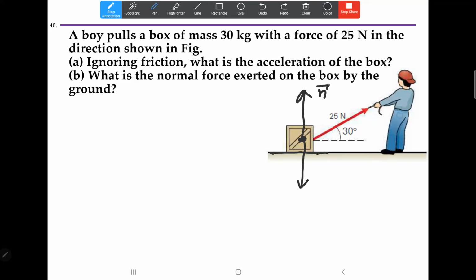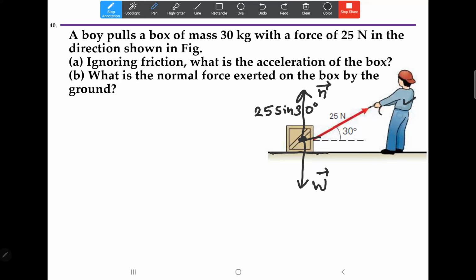This is the normal force, and right here is the weight, acting downward. And as we know before, there is the y component, which is 25 sin 30 degrees. This was the y component of the 25 newton force applied by this boy.